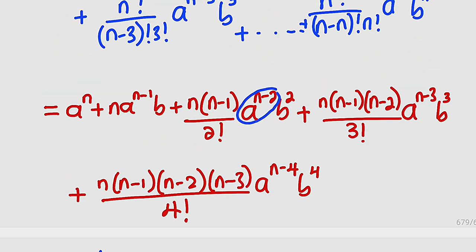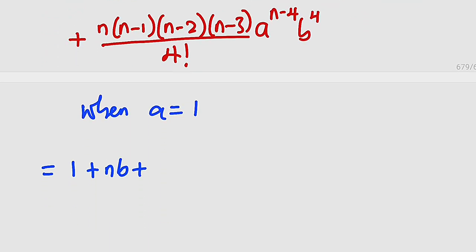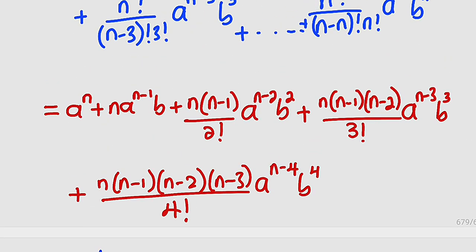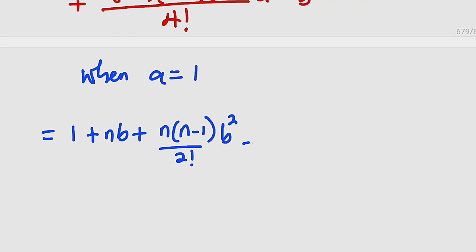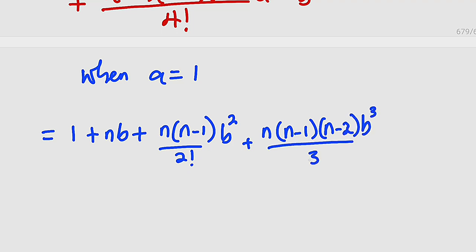The whole of this will go. What do we have? We have just n times (n minus 1) divided by 2 factorial, then b squared, right? Because a is gone. Can you see the pattern? We are going to have n times (n minus 1) multiplied by (n minus 2), then b raised to the power of 3 divided by 3 factorial. This is how we're going to obtain this.